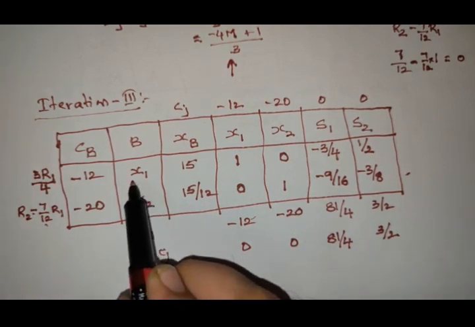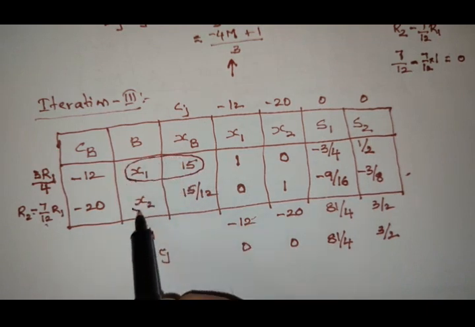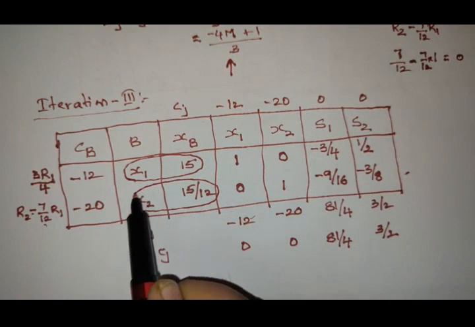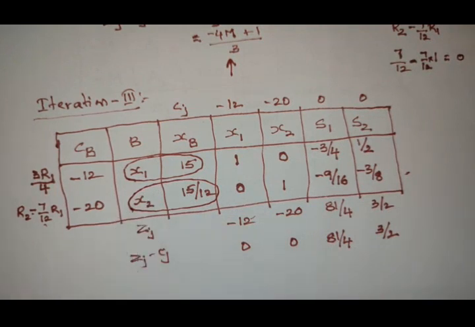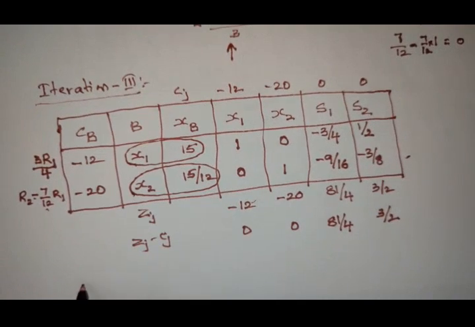Now x1 will become 15, x2 will become 15 by 12. So now write the same thing: x1 is equal to 15, x2 is equal to 15 by 12.